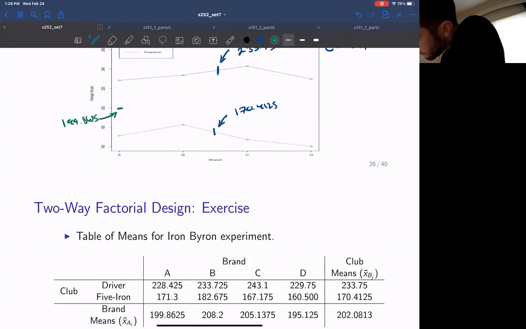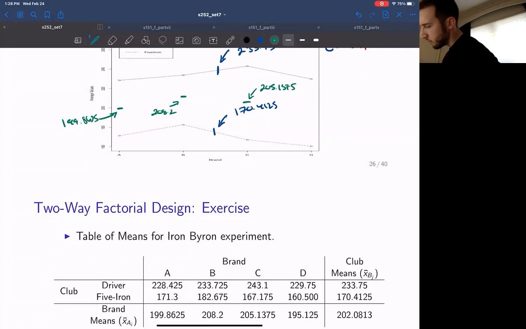For golf ball brand B, we're going to find an average right about here. This is 208.2. For golf ball brand C, we're going to find an average slightly below that. Okay, so this is 205.1375. And then for golf ball brand D, we're going to find an average down here at about 195.125.